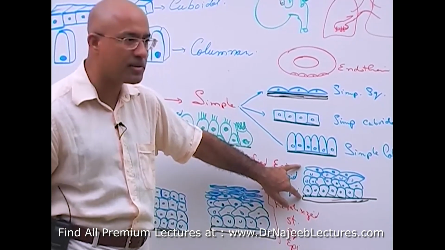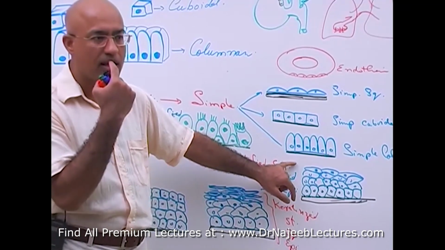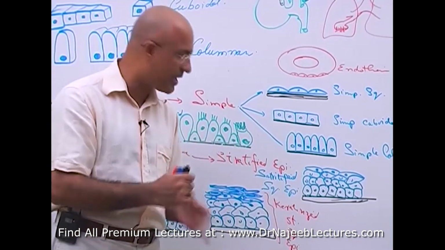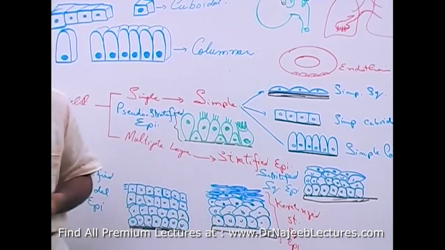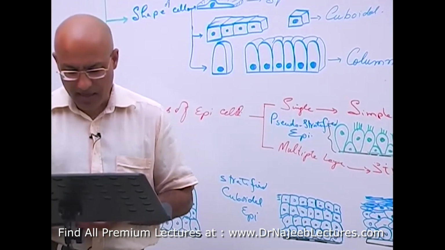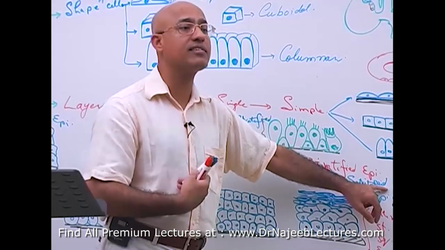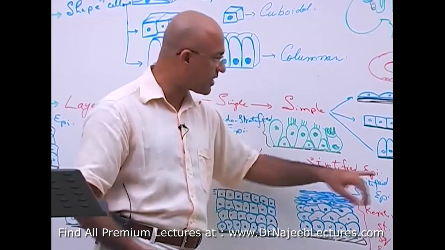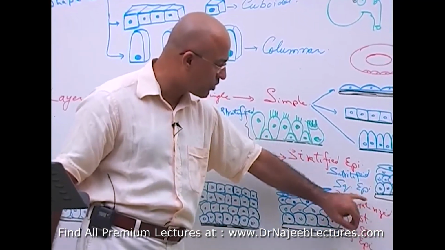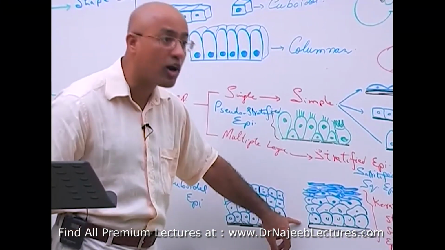Where in the body is this type of epithelium found? It is found in your oral cavity and in the vagina, and then the esophagus, right? So oral cavity, esophagus and vagina have stratified squamous epithelium non-cornified, and skin has stratified squamous epithelium cornified.